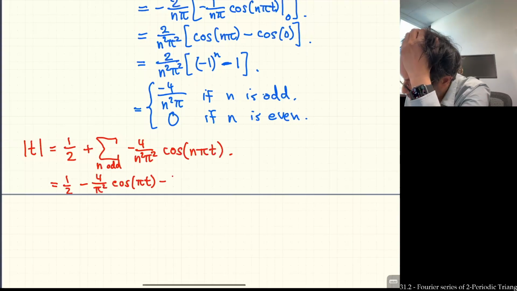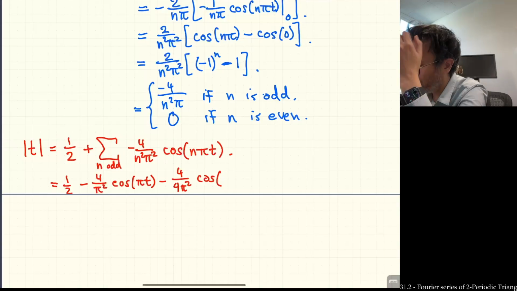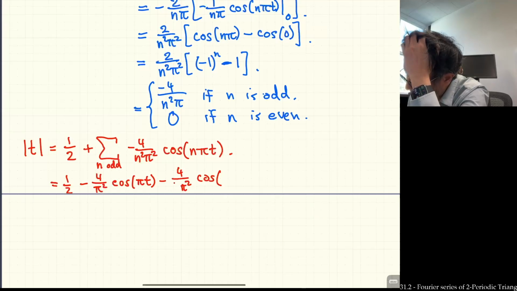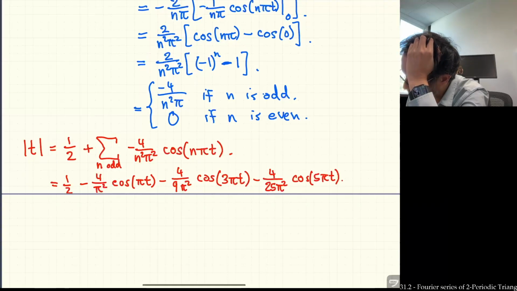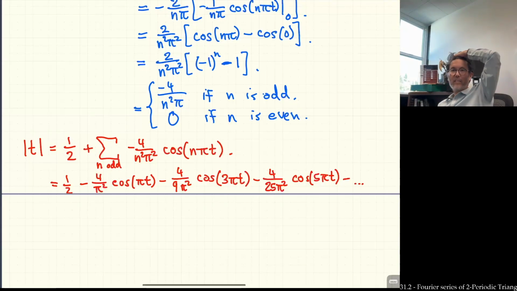The next term will be 4 over 4 pi squared times cosine of, oh my god, I'm losing my mind. N is odd. So this is actually 9. N is actually 3. Cosine of 3 pi t. That's the next term. Minus 4 over 25 pi squared cosine of 5 pi t, etc. And it keeps going like this.